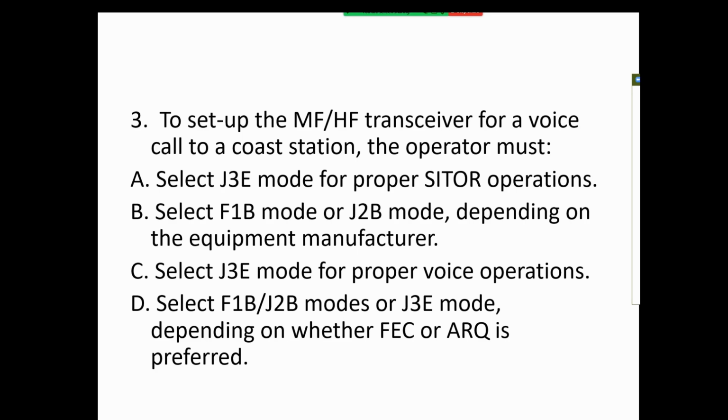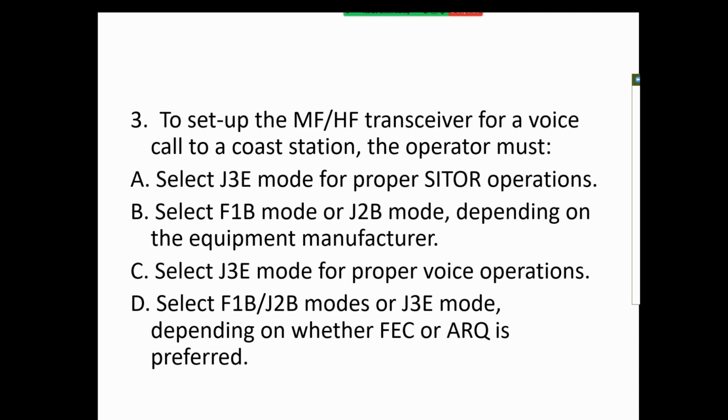B, select F1B mode or J2B mode, depending on the equipment manufacturer. C, select the J3E mode for proper voice operations. Or D, select F1B, J2B modes or J3E mode, depending on whether FEC or ARQ is preferred.